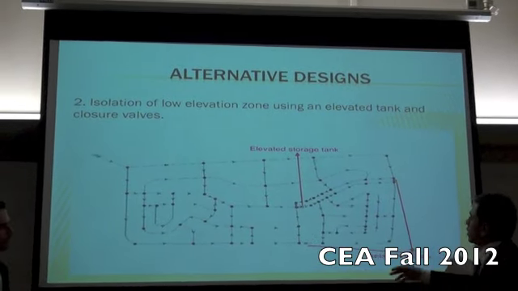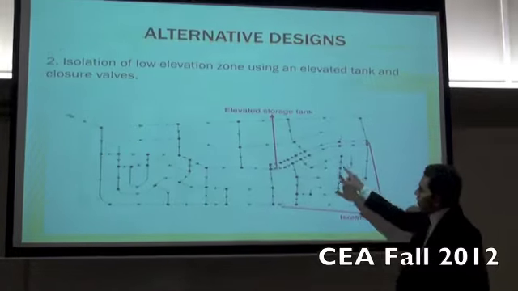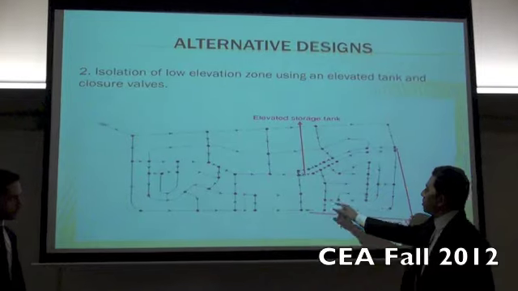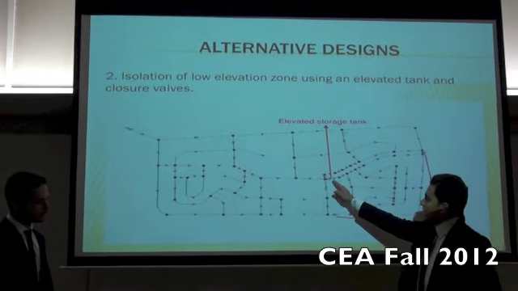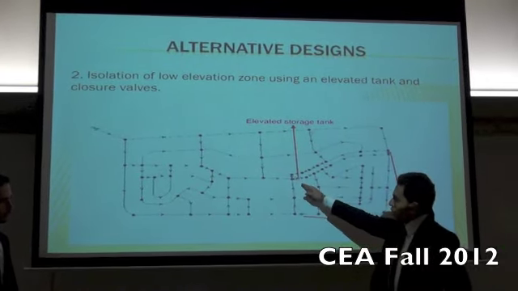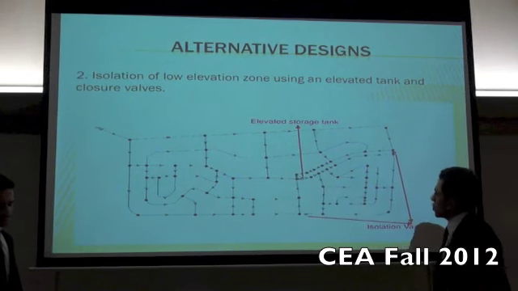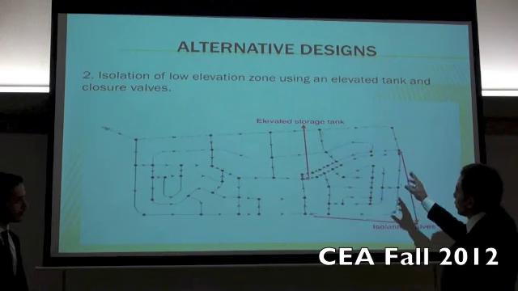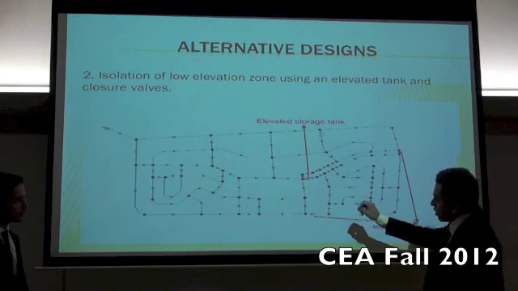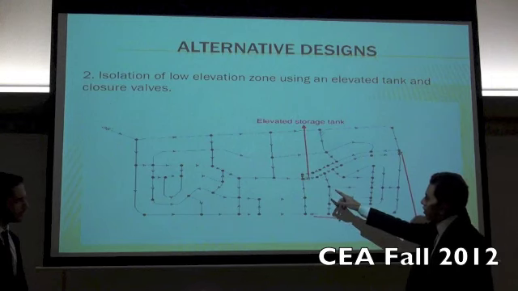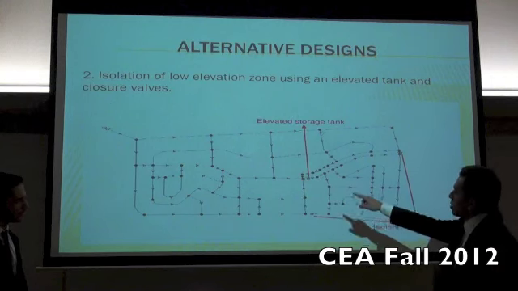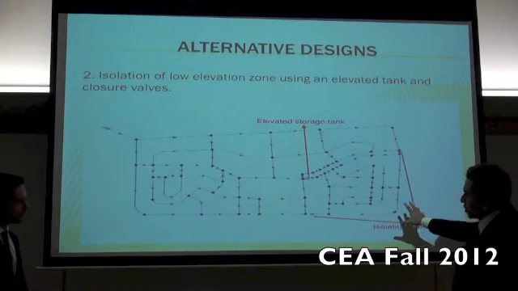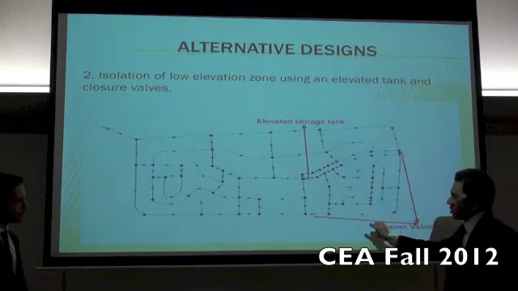I'll explain that later. This low elevation zone where the pressure is high will be fed only through an elevated tank, which will be located here. This elevated tank will be collecting the water from the whole community, and then supplying water to this part according to the demands.